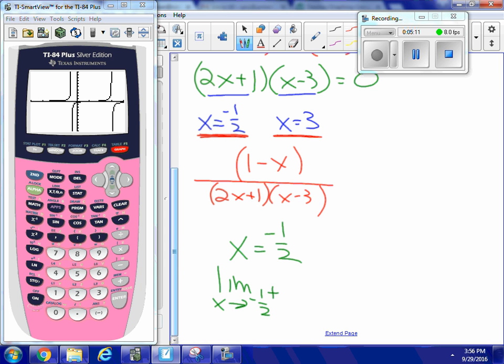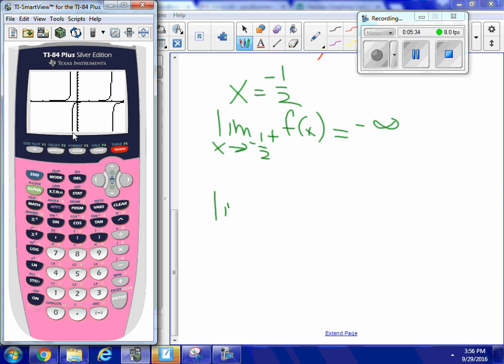I'm supposed to find what is the limit as x approaches negative 1/2 from the positive side of my function. As I'm approaching negative 1/2 from the positive side, going from the right to the left, I can see that my limit goes down towards negative infinity, so that limit is equal to negative infinity.